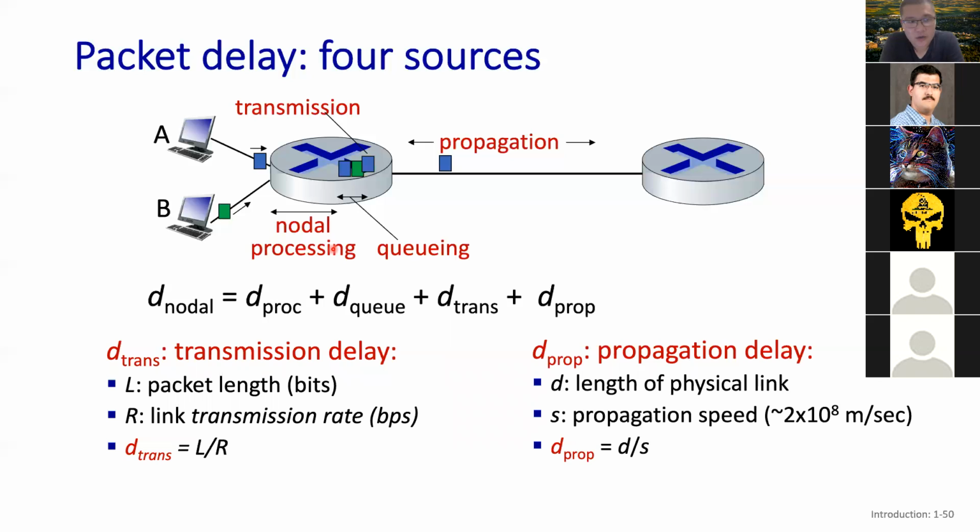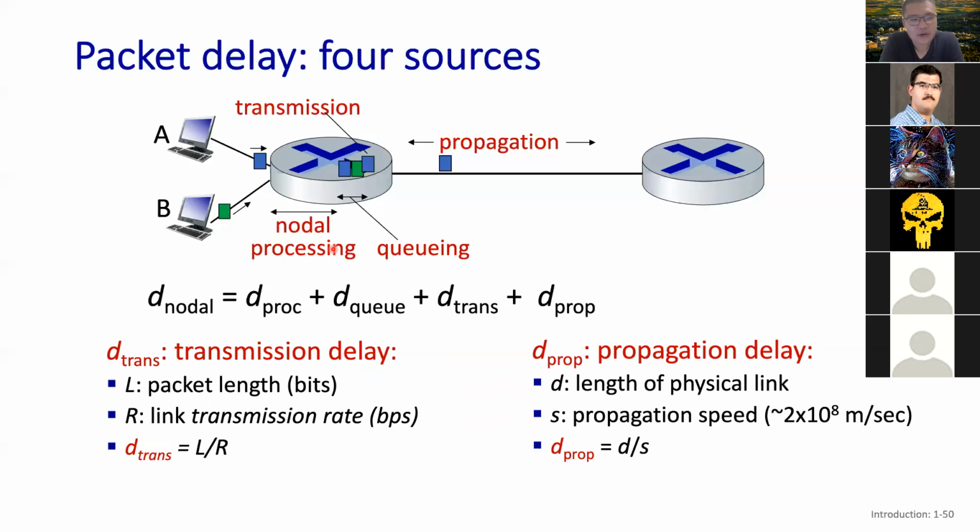You still need to think about it, even if propagation is at the speed of light, it's still a high delay in some cases. For example, if you transmit data from the United States to Japan, the physical distance is large.